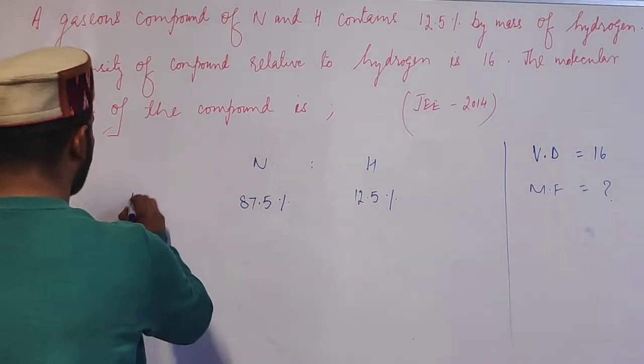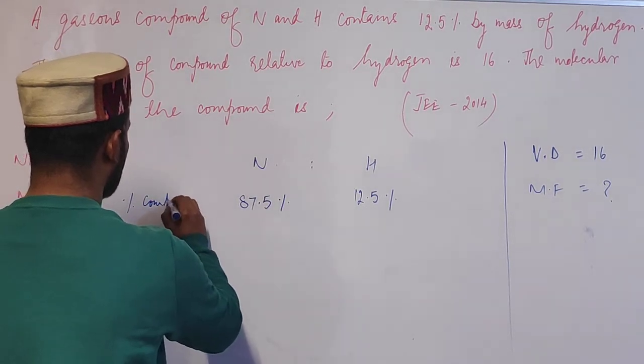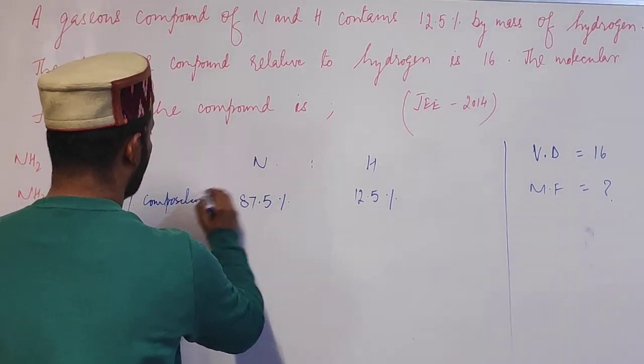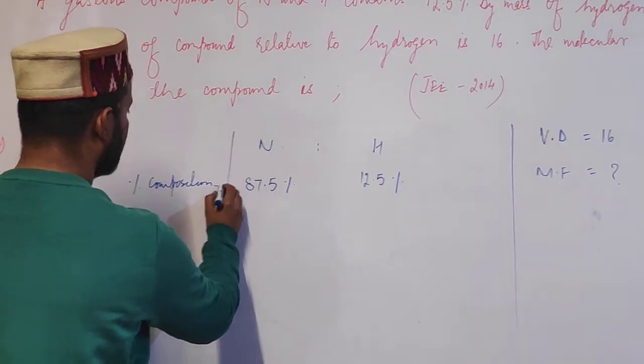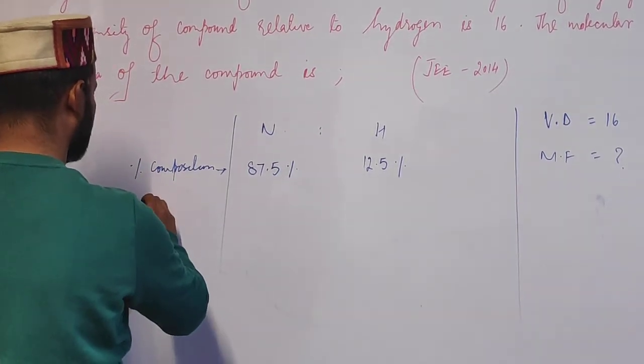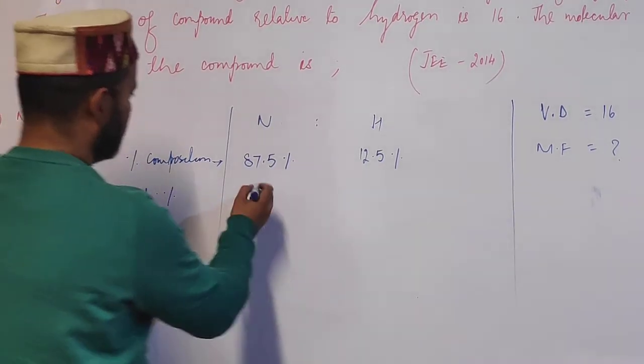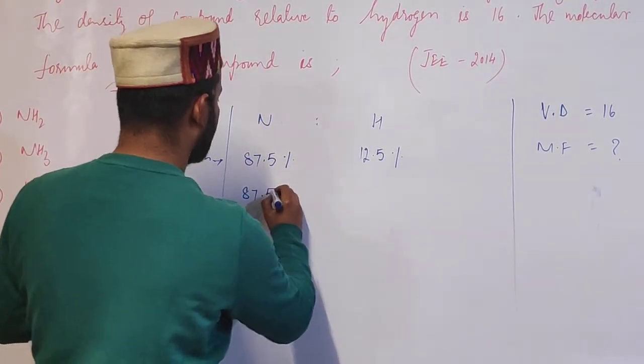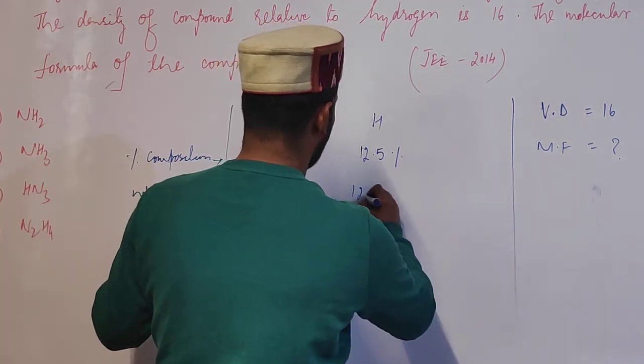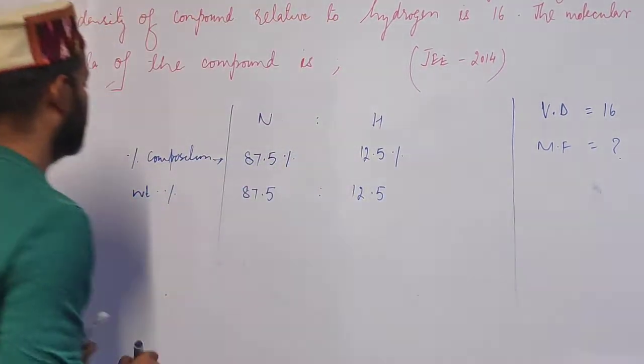So students, this is our percentage composition. Now we convert this into weight. So the weight would be 87.5 grams nitrogen and 12.5 grams hydrogen.